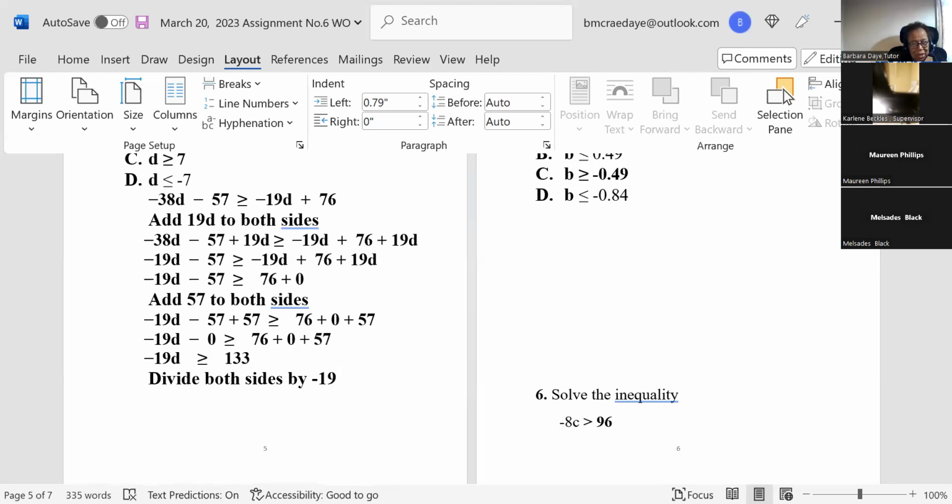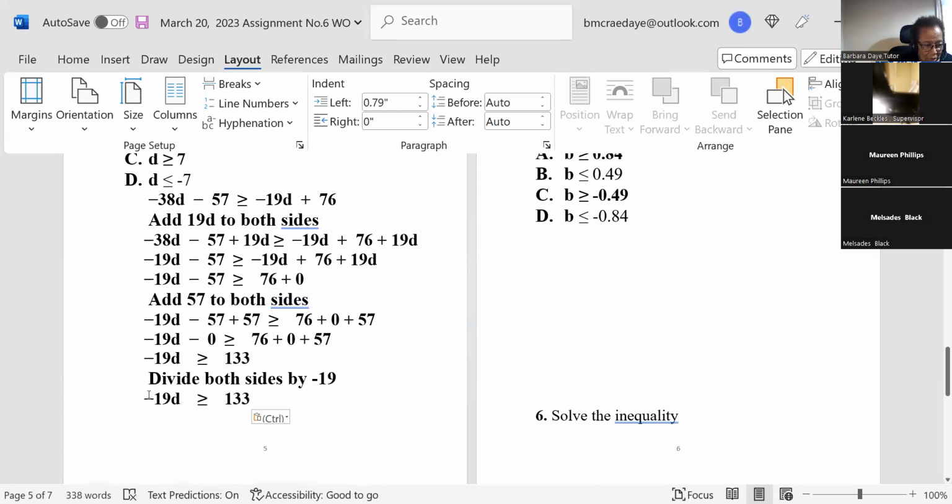Okay, so we're going to divide both sides by minus 19. So let's just copy this and put our 19 as our divisor. On the left, we put our minus 19. And on the right, we put our minus 19.